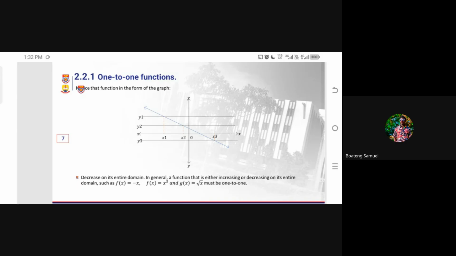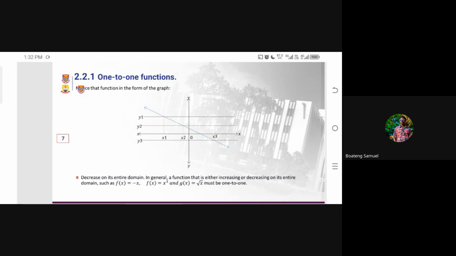So we are coming to look at the one-to-one again. I said that when you have a one-to-one function, you can perform the horizontal line test. If the line cuts only one point on the graph at any time, you would realize that it is one-to-one.